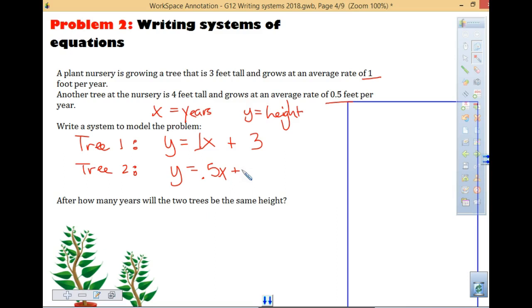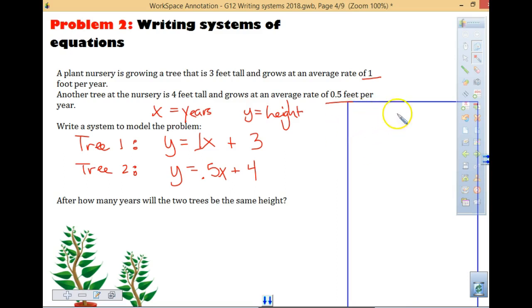And the question that we are asked, Jerica, asks us to find what? Down here, what are we trying to find? We need to know when those two trees are going to be the exact same height, when tree 1 is equal to tree 2.